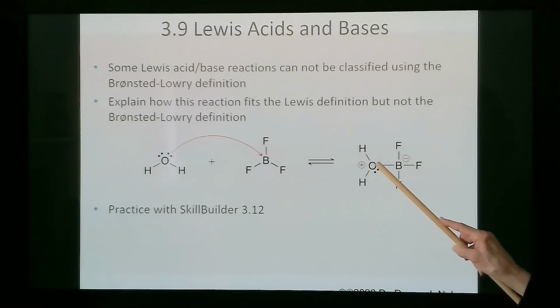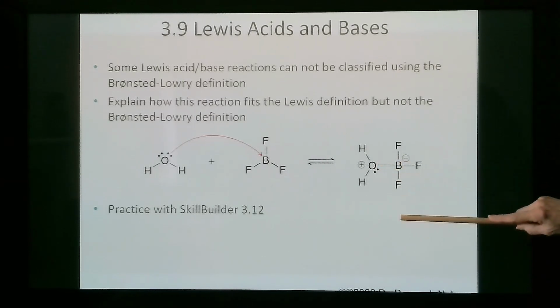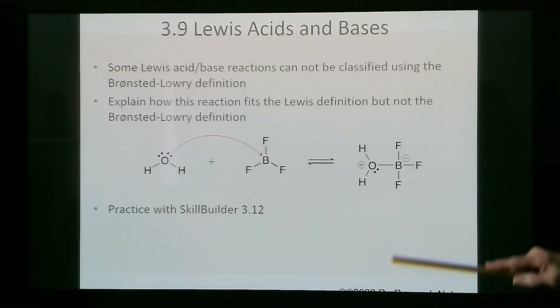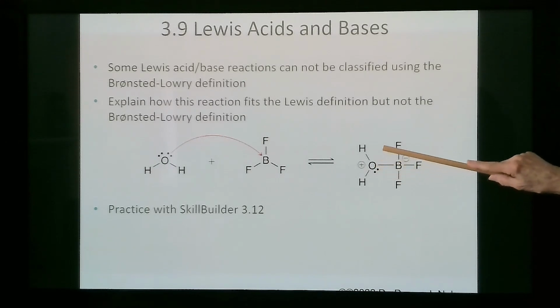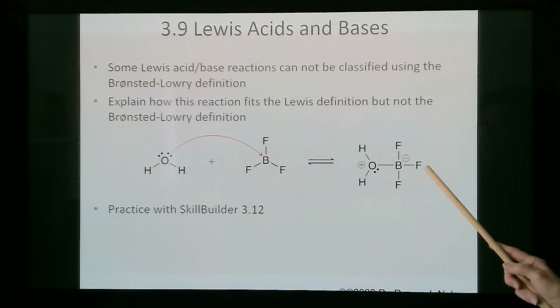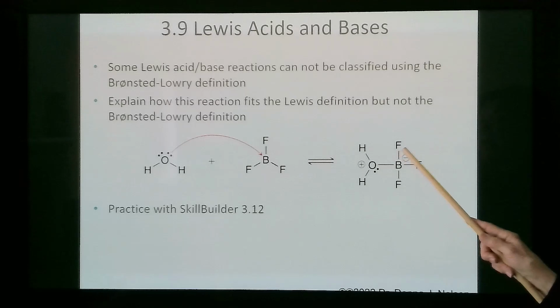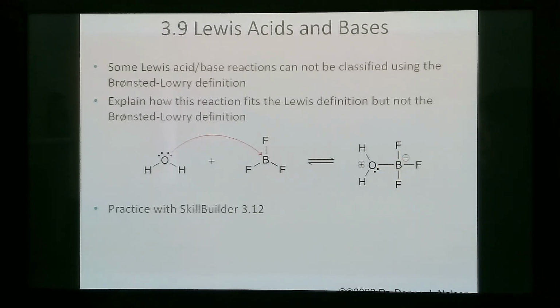Oxygen bears a positive charge because it has donated a pair of electrons. In this oxygen-boron bond, if you think of which atom owns those electrons, there are 2 electrons in that bond. Oxygen owns one of those 2 electrons, and boron owns one of those 2 electrons. Hence, boron has picked up an electron, that's why it bears a negative charge, and oxygen has given up an electron, and that's why it bears the positive charge.